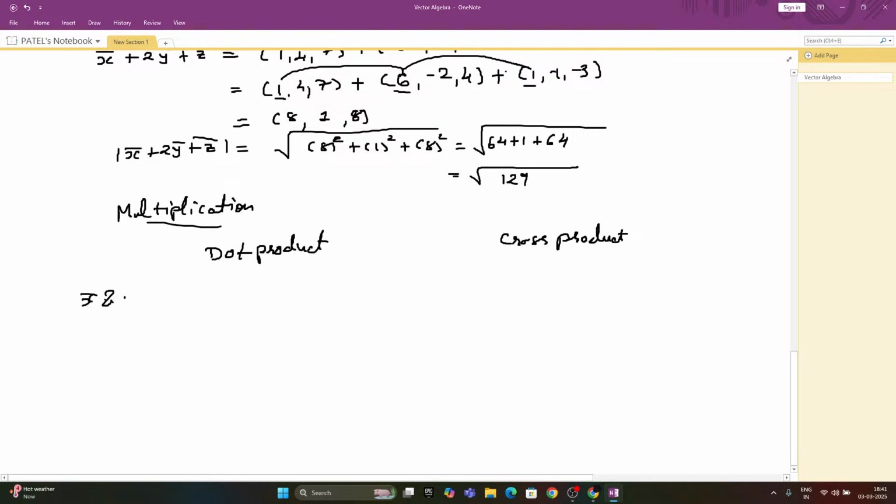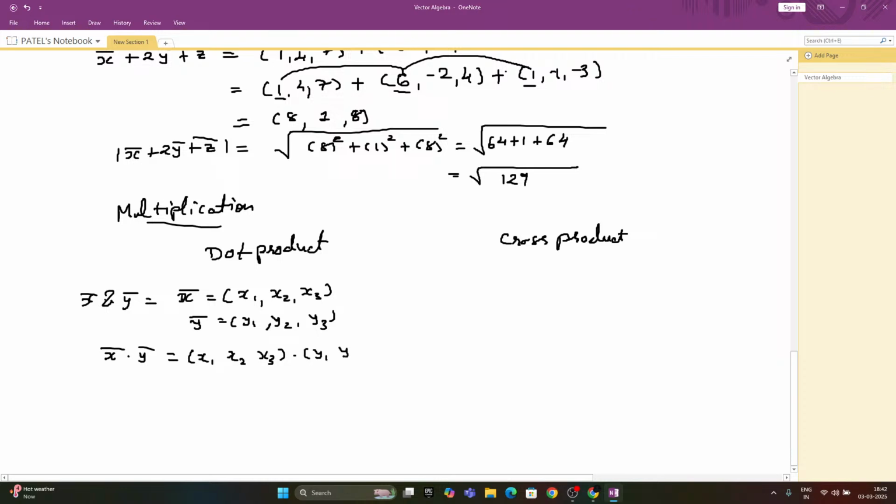For x bar and y bar, suppose x bar equals x1, x2, x3, and y bar equals y1, y2, y3. x bar dot y bar is x1 into y1 plus x2 into y2 plus x3 into y3.